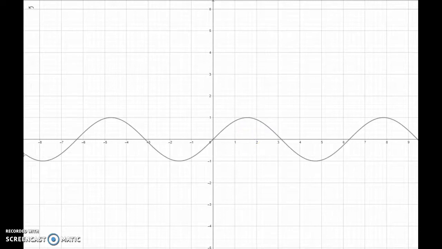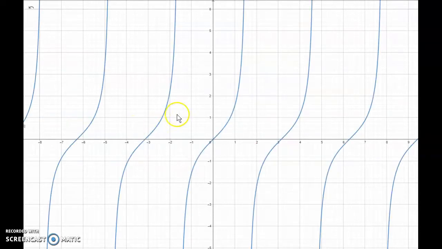The same goes for tan. If you look at this, the area under the curve for tan is this, a positive area. However, in the negative area they are inverse. And for cotangent, we can say the same thing.